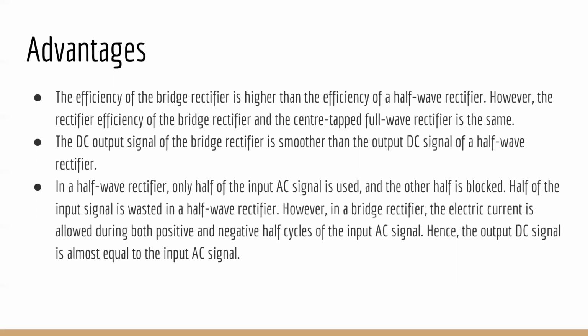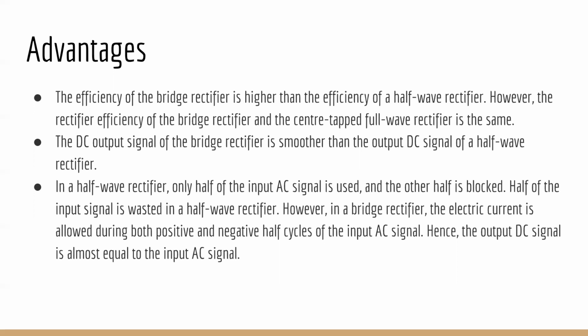The second advantage is that the DC output signal of the bridge rectifier is smoother than the output DC signal of the half-wave rectifier. Then the last advantage is that in a half-wave rectifier, only half of the input AC signal is used and the other half wave is blocked.